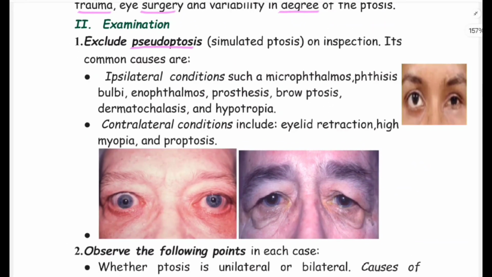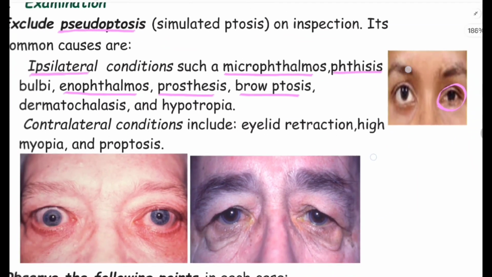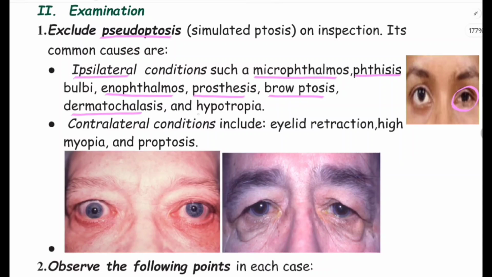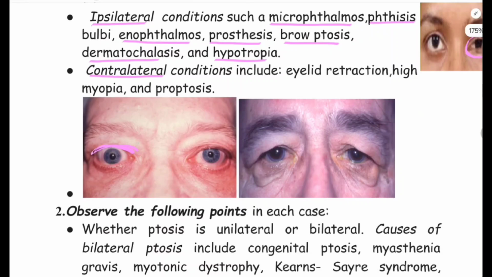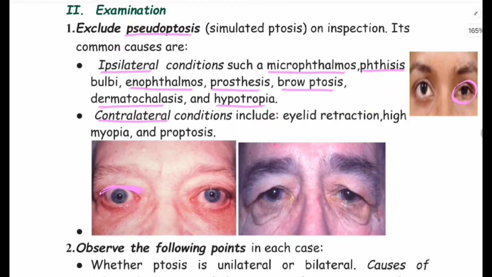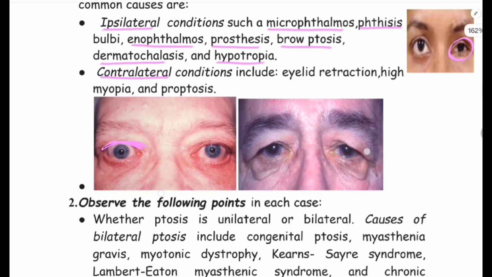It can be due to ipsilateral conditions where the eye looks smaller, such as in microphthalmos or phthisis bulbi, enophthalmos, prosthesis, hypotropia, dermatochalasis, or contralateral conditions like eyelid retraction. We can see eyelid retraction here, or high myopic cases of proptosis. Then also the other eye might look ptotic in these cases.